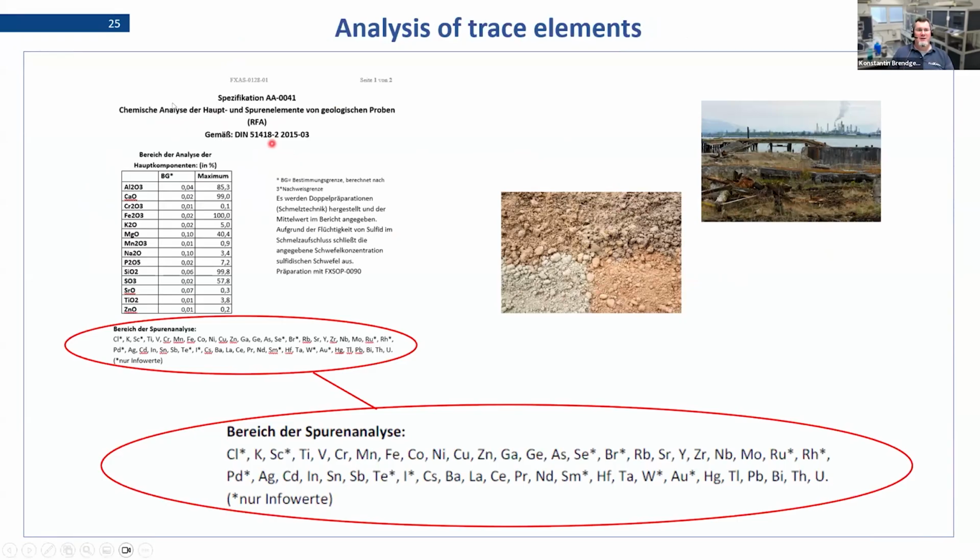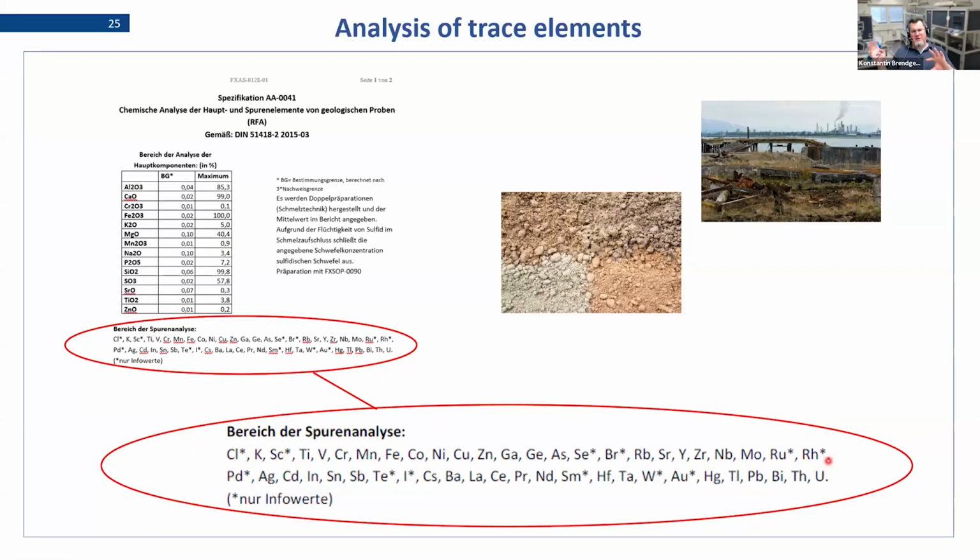And the norm is quite interesting because it combines fused bead and pressed pellet analysis in a very interesting way. The main components of the minerals you would do by a fused bead, and then all the trace components, this area here, you would actually do by pressed pellet.